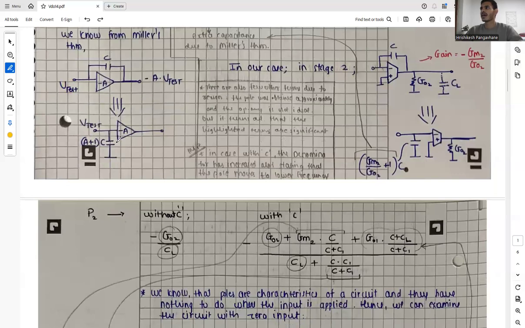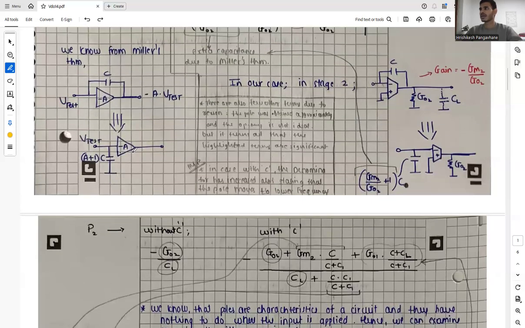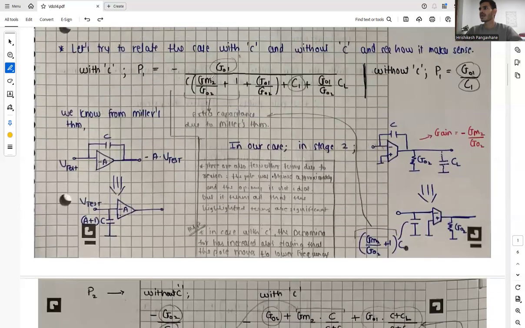And due to this, we have this term, which is basically gain plus 1 times C. And where did this other term come from?